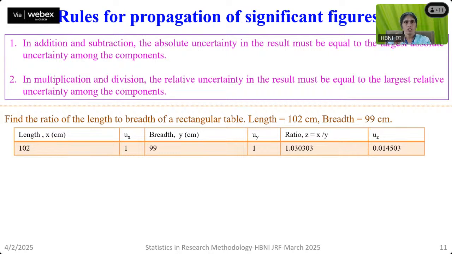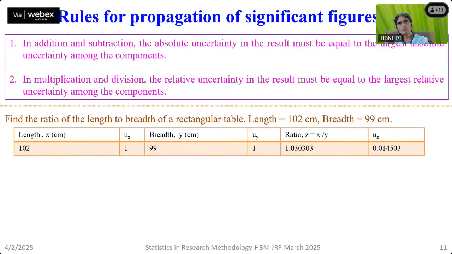Otherwise, what will happen? If you simply count the number of significant figures, for example, the ratio of length to breadth of a rectangular table. Length is given as 102 centimeters, breadth is 99 centimeters. If you just count the number of significant figures, you will see that the length has 3 significant figures, breadth has 2. Whichever is lower, you will follow that rule, and finally 102 by 99 you will reach as 1.0.